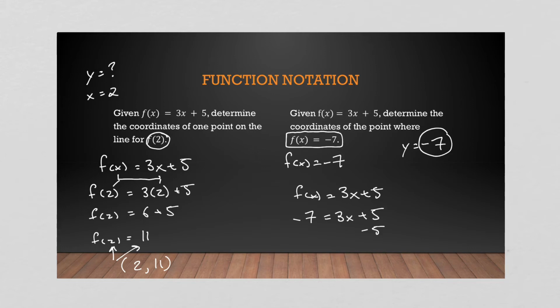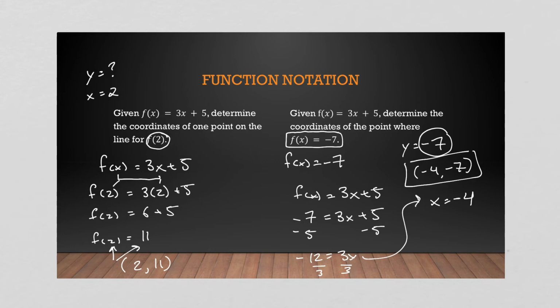So minus 5, we get negative 12 equals 3x. Divide both sides by 3. x equals negative 4. So when x equals negative 4, f of x equals negative 7. So we get the point (negative 4, negative 7). So that is how function notation works.